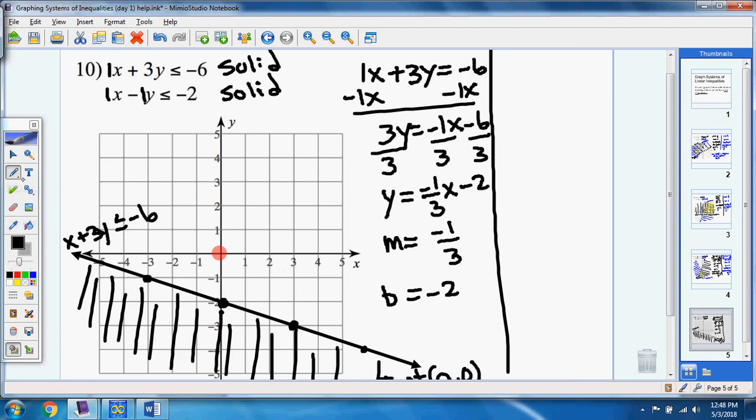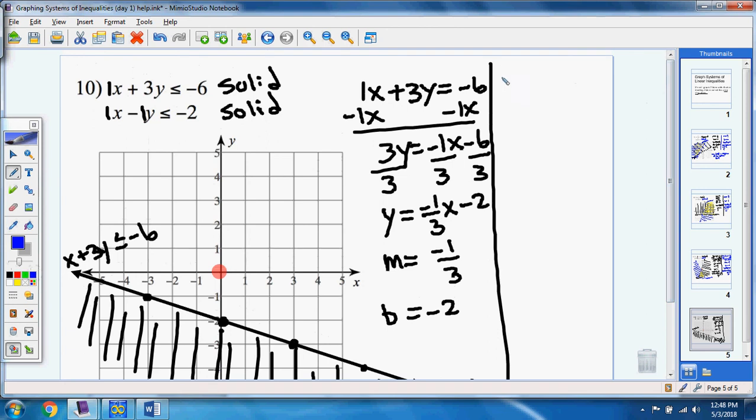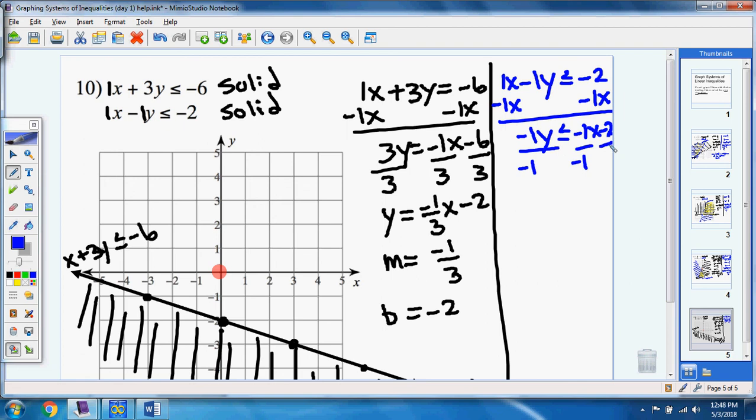All right, second line, also solid. I have it as 1x subtract 1y is less than or equal to negative 2. I'm going to subtract 1x, both sides. So that's negative 1y is less than or equal to negative 1x subtract 2. Divide everything by negative 1. Oops, that's supposed to be equal signs.